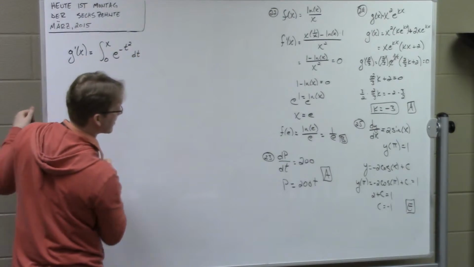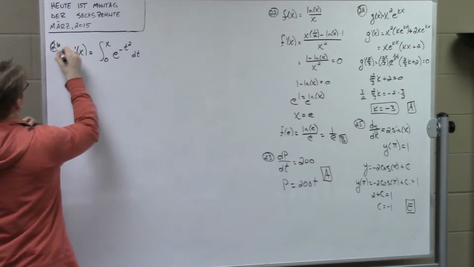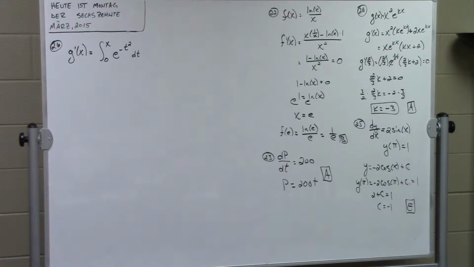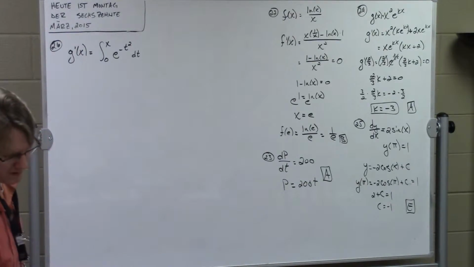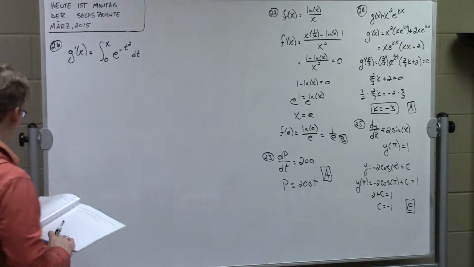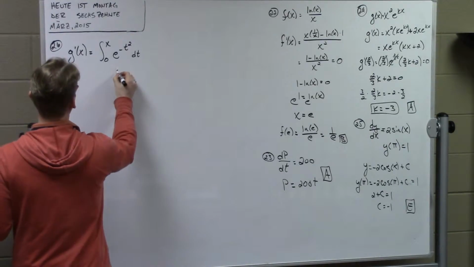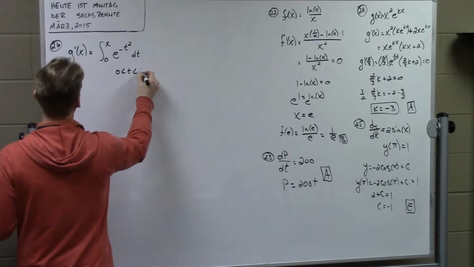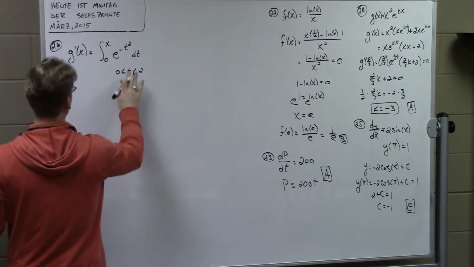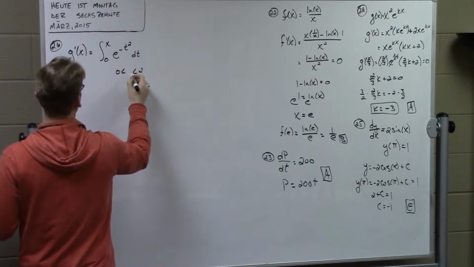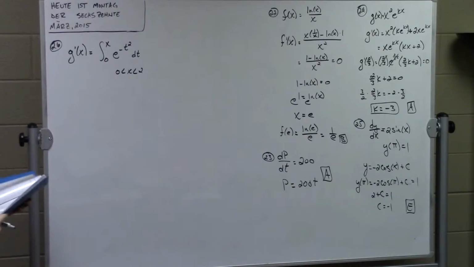And this is number 26. Okay, got it. And we're looking at the interval from 0 to 2. All right, let's take it one at a time. Which of the following must be true? We're going to go down the list until we find one that's not. They're asking me increasing and concave.